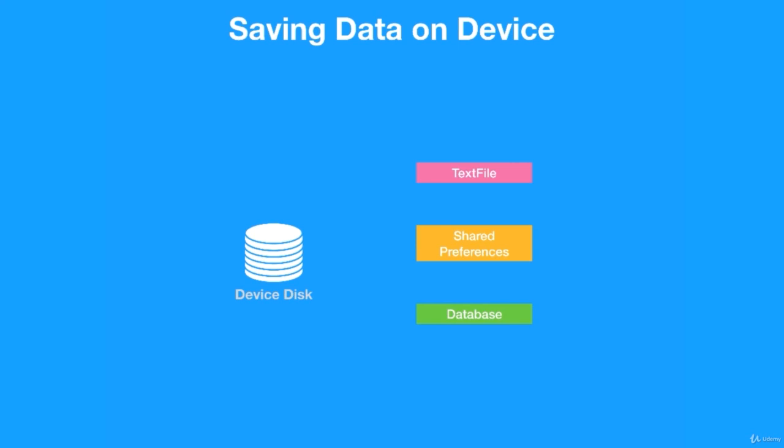So if we have a larger amount of data that we want to make sure is well organized for faster retrieval and writing into the tables, then of course a database is the best way to go. But if you have smaller pieces of data, text files and shared preferences are most commonly used.